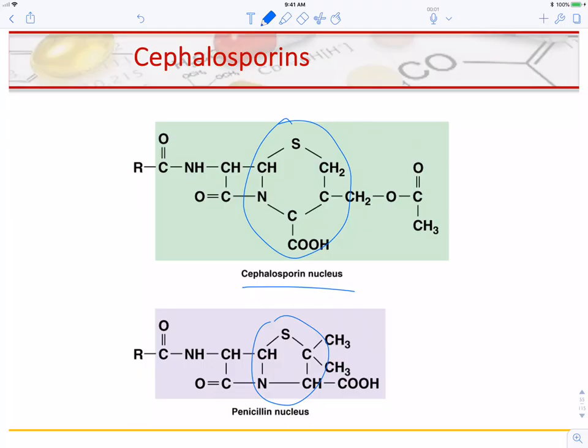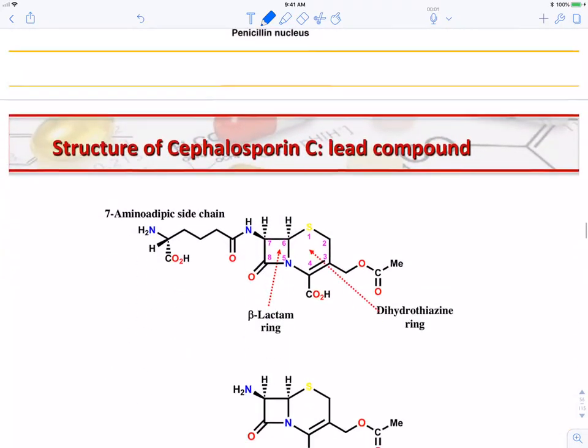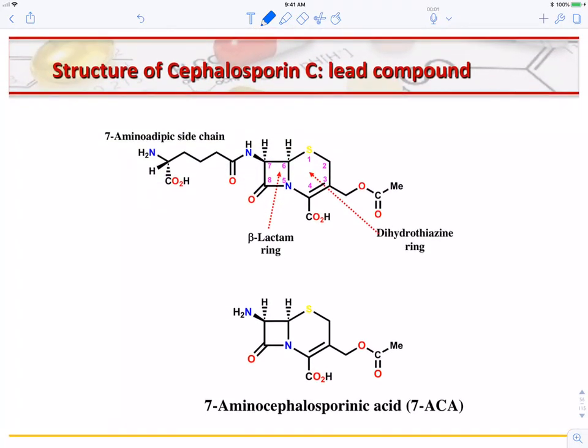One should note, though, that the activity of cephalosporins is generally lower than that of penicillins. However, the increased resistance to beta-lactamases makes it worthwhile.